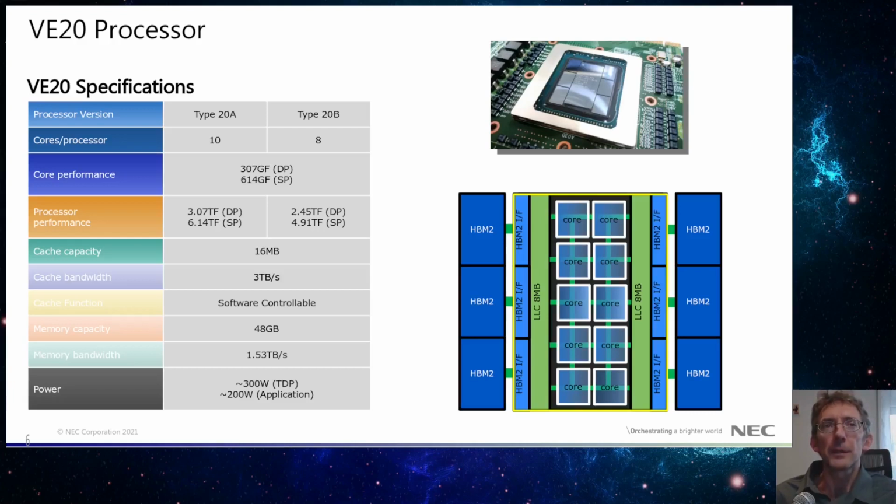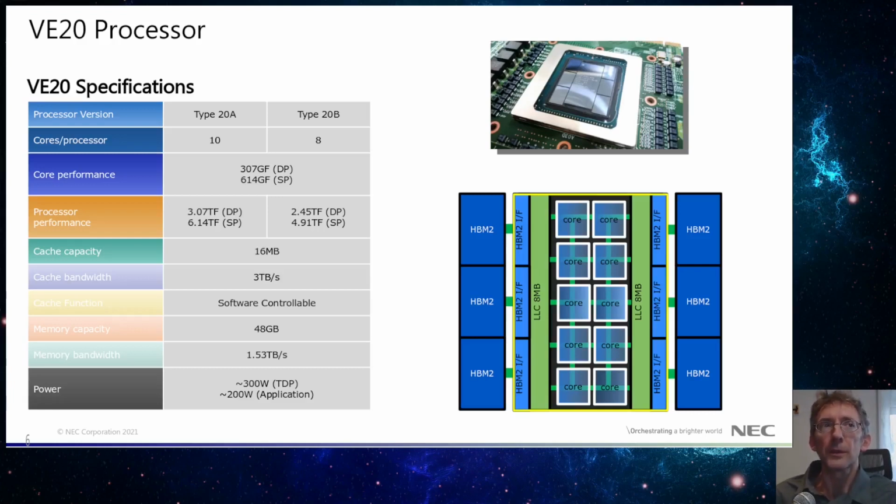The chip is built with HBM2 memory stacks, 6 stacks on a substrate, and the chip has only 8 or 10 cores. That means we have very few cores, but the cores are very strong.